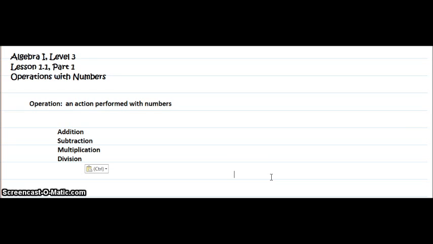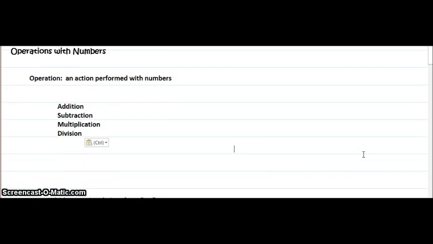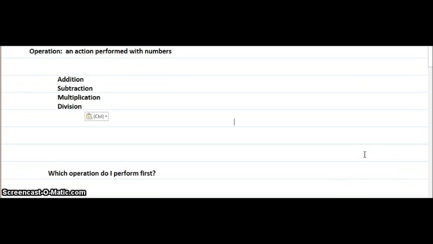Okay, well, sometimes you are given an expression that contains more than one operation. There's more than one operation to perform. The question would be then, what operation do I perform first?